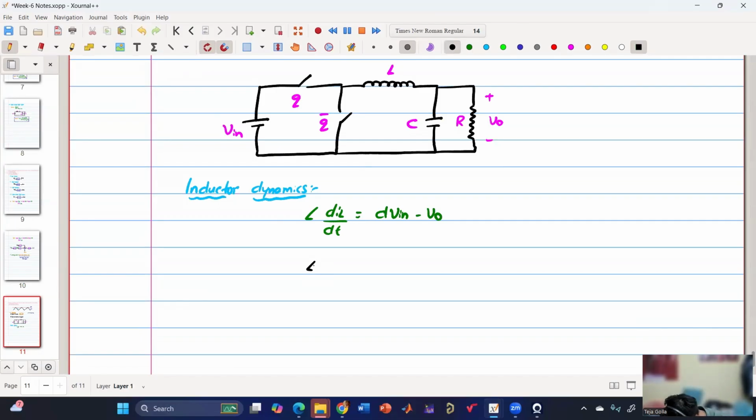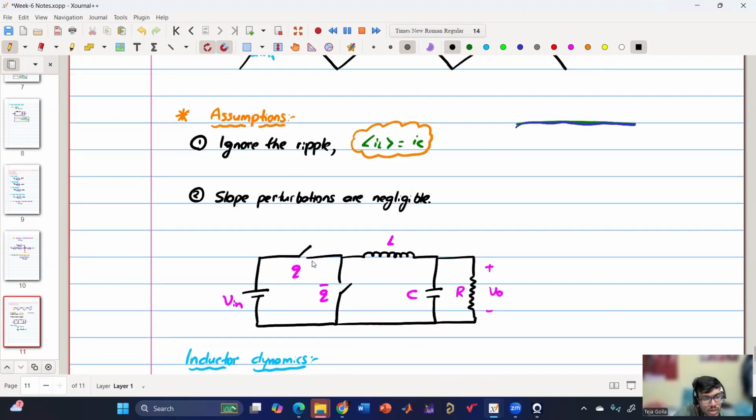L into d iL tilde by dt is equal to D into V in perturb minus D perturb into V in, plus, and the DC term we have ignored, capital D into capital V. Also, the small perturbation D perturb into V in perturb is assumed to be 0. So we get minus V naught perturb. Again, you can also say the perturbations are very small.